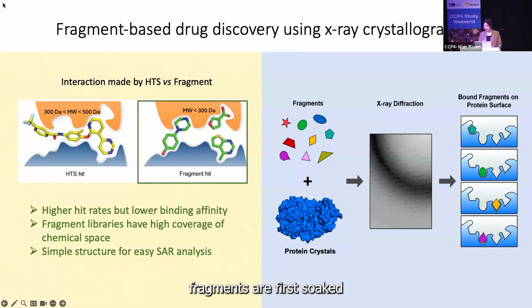In practice, fragments are first soaked into protein crystals, and the crystals are harvested for X-ray data collection, and the solved structures allow us to identify fragment hits and analyze how they interact with the targets. We can then grow, merge, or link those fragments into molecules with improved binding affinity, better specificity, and other improved properties.